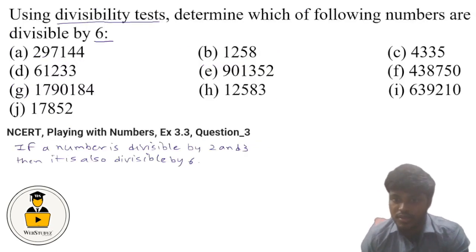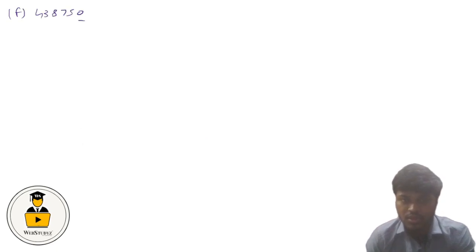Now the next is 438750. The last digit is 0, so we can say that it is divisible by 2.